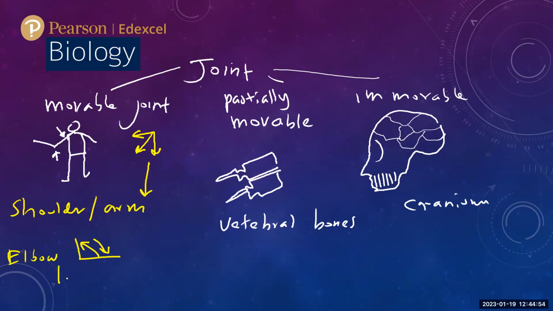So these joints are called hinge joints, and this kind of joints are called ball and socket joints. Ball and socket joint and hinge joint. So movable joints, partially movable joints, immovable joints. Okay, can you also copy these to your notes?